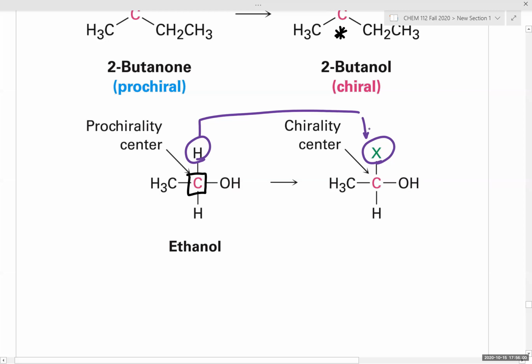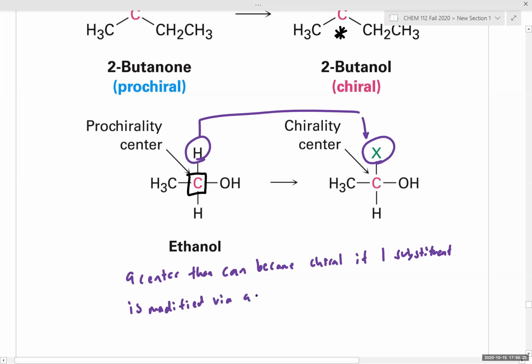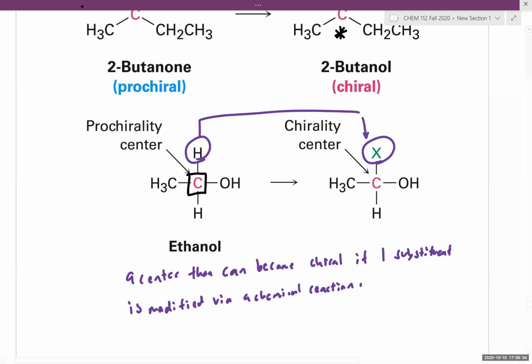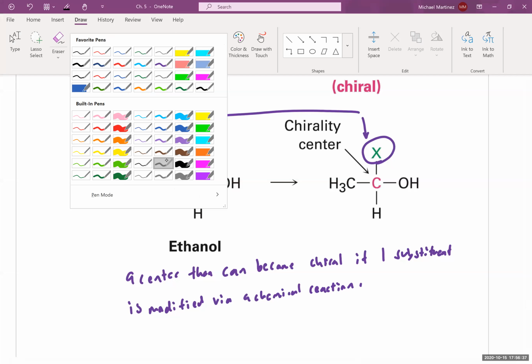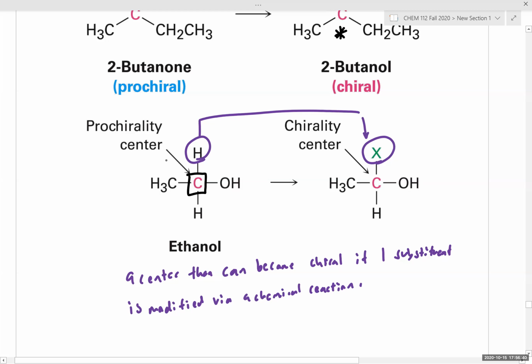So a pro-chirality center is defined as a center that can become chiral if one or more, or more correctly, if one substituent is modified via a chemical reaction. Okay, this primarily comes up when we talk about planar carbons, but it can also be observed for other functionalization reactions.